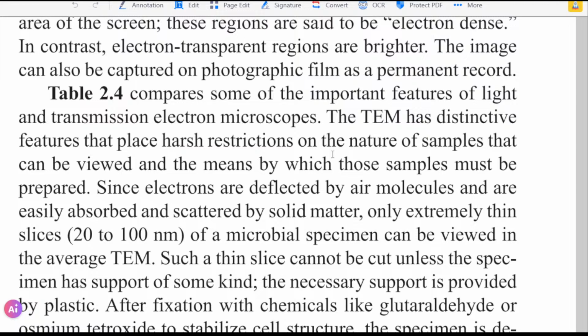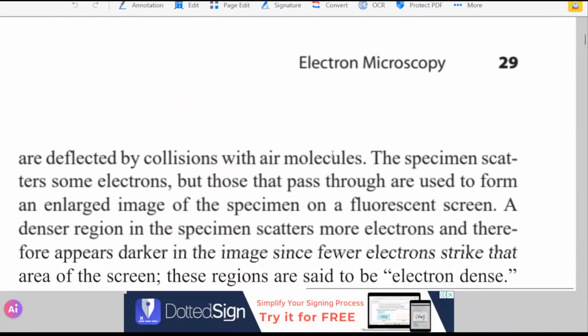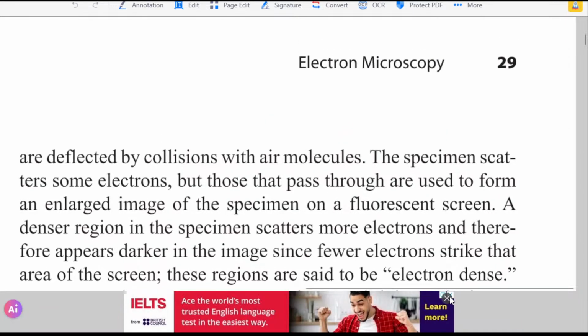Like in the light microscope we don't have that kind of restriction. We use whatever specimen we want, and whatever dye is compatible with it, and we put it on the slide and under the microscope, and that's it. But in TEM the restriction is in the preparation of the specimen.